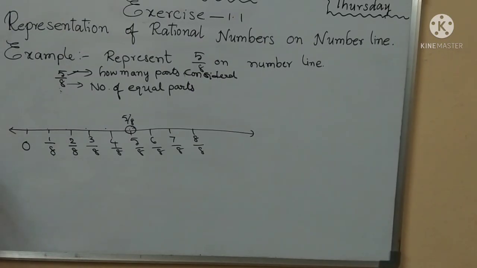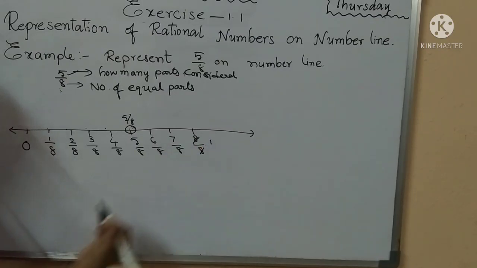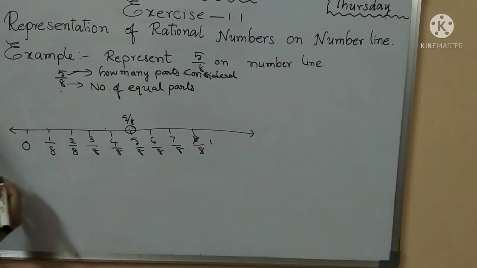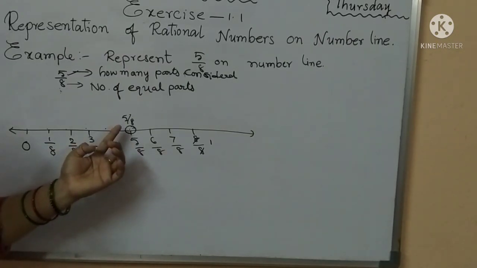Observe that here 8 by 8 is 1. So the rational number 5 by 8 lies between 0 and 1 on the number line.